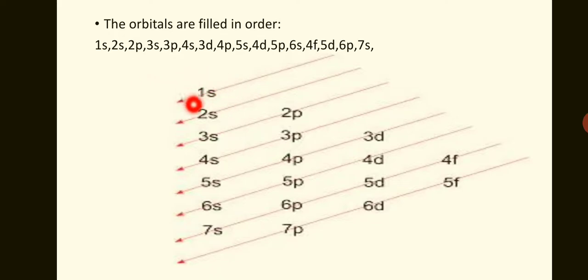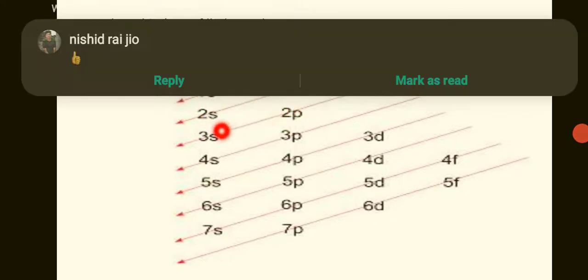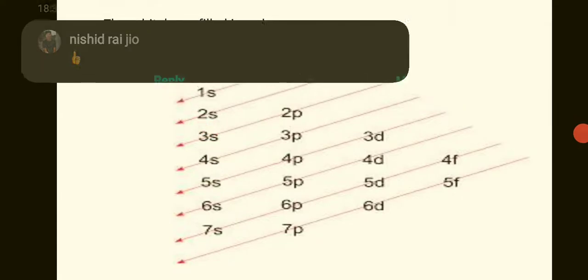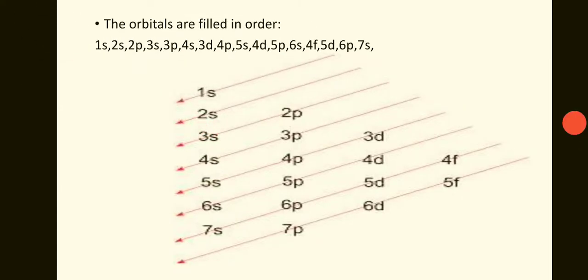This is 1s for n equal to 1, 2s and 2p for n equal to 2, and 3d orbital is present when n is equal to 3. That means the value of principal quantum number is 3, or the shell is the M shell. For the M shell, 3d orbital is present.